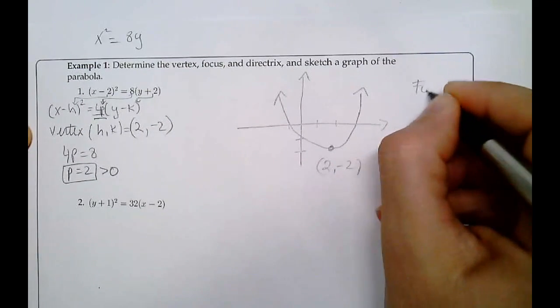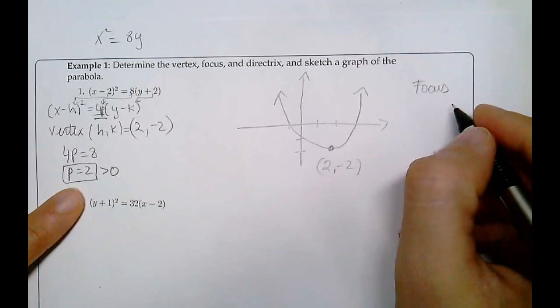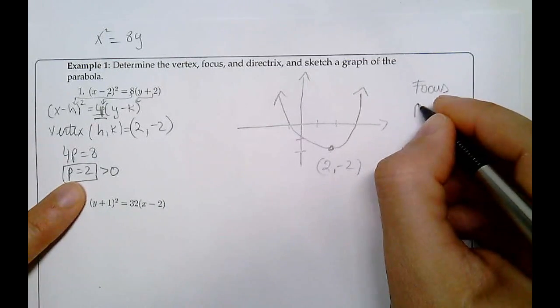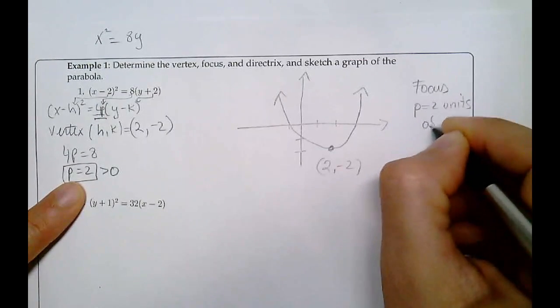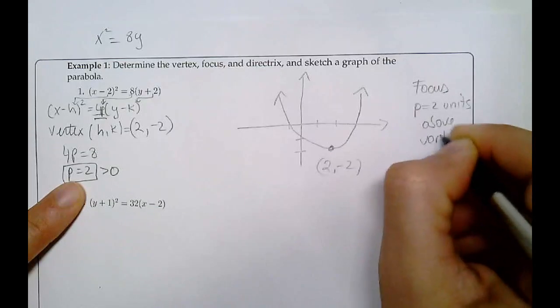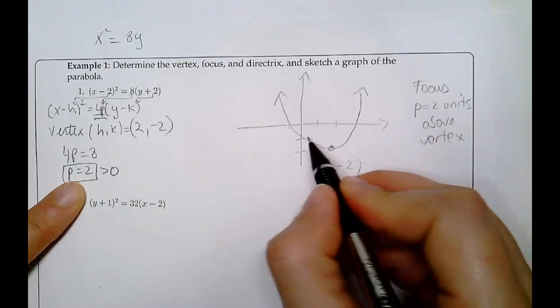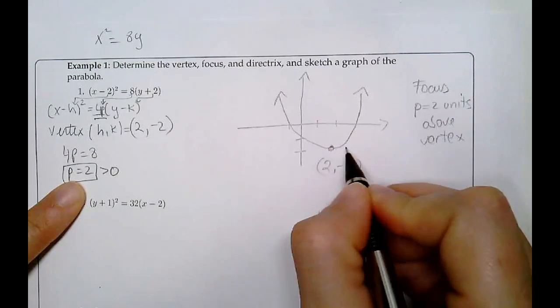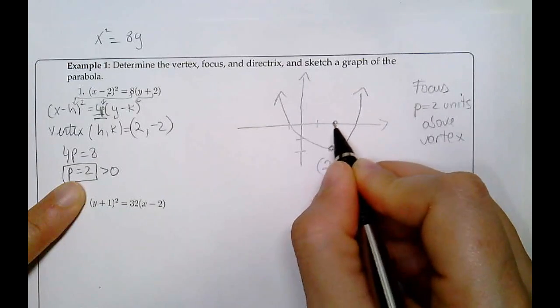So the focus is going to be, since p is 2, p equals 2 units above the vertex. So the focus F is going to be 2 units above the vertex, so it's going to be right here on the x-axis.